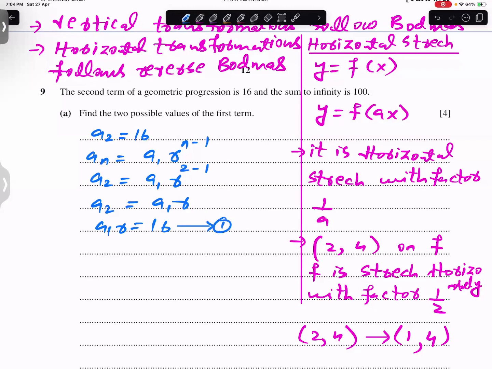And sum to infinity is 100. So we know that sum to infinity is A1 over 1 minus r. This is also given. So, find the two possible values of the first term. These are the two equations. From the first equation, you can write r is equal to 16 over A1.